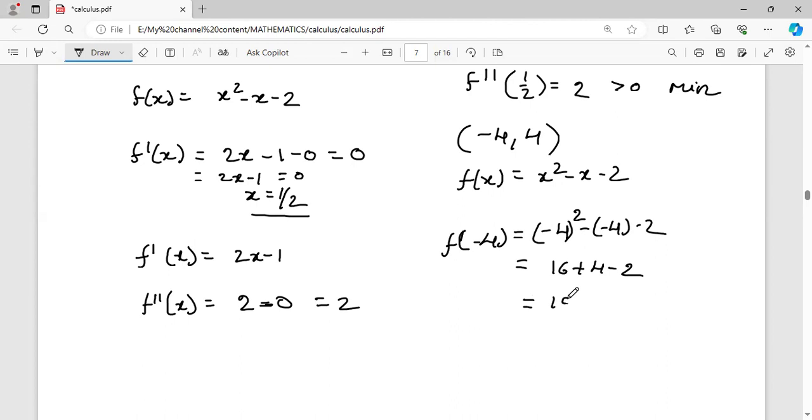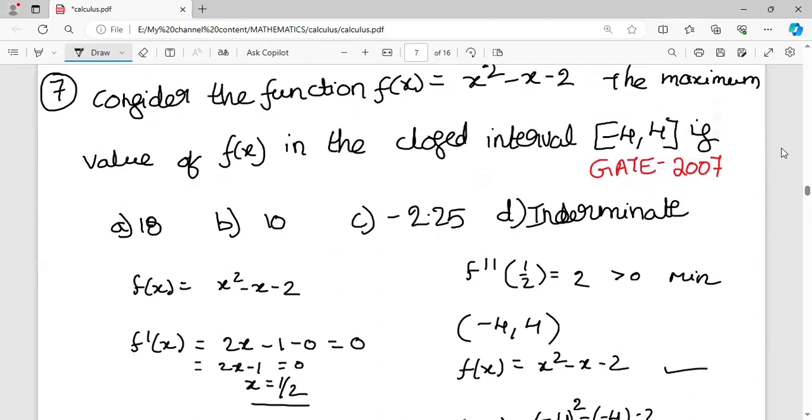This value is 18. Next, f of 4 in this equation: 4 square minus 4 minus 2, that means 16 minus 6. Its value is 10.